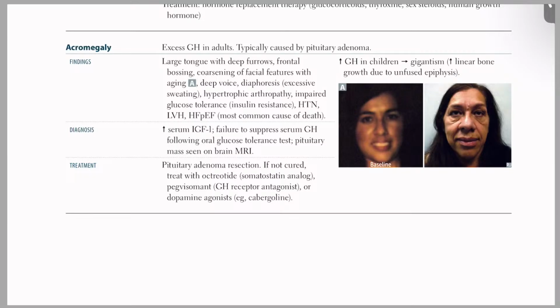If not cured, treat with octreotide, a somatostatin analog, pegvisomant, a growth hormone receptor antagonist, or a dopamine agonist, that is cabergoline. Okay.